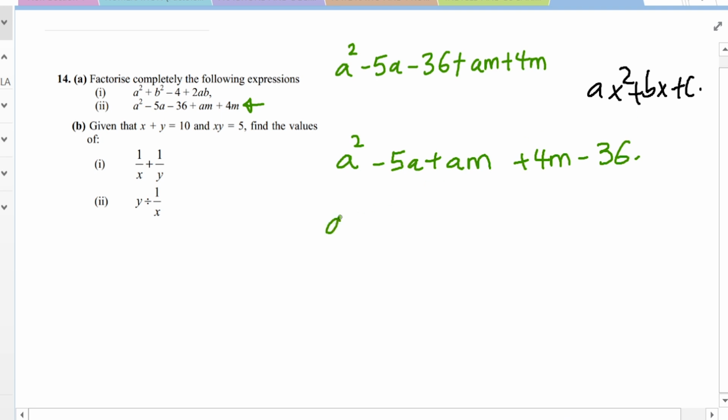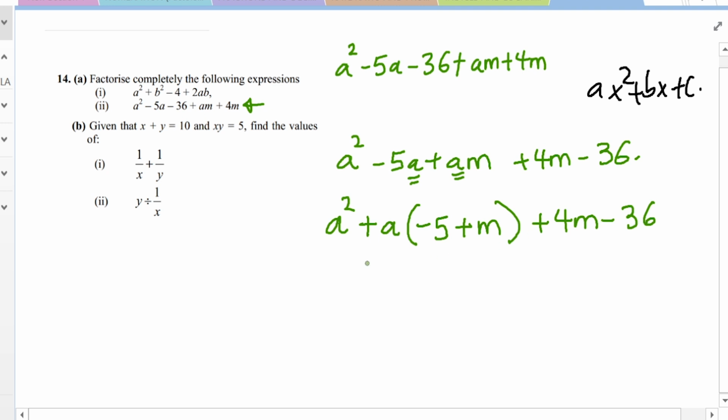So this is going to become a squared plus, the common factor here being a, let me put a outside the brackets, negative 5a divided by a gives us negative 5, am divided by a gives us plus m, plus 4m minus 36.